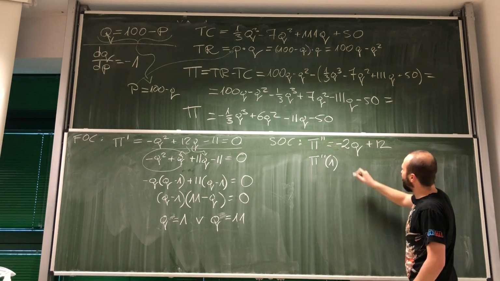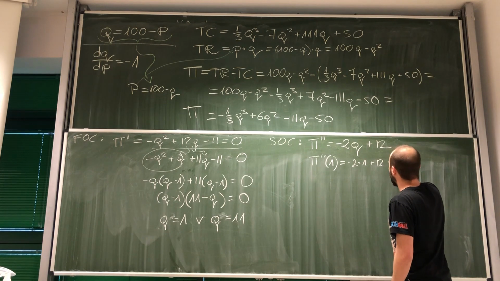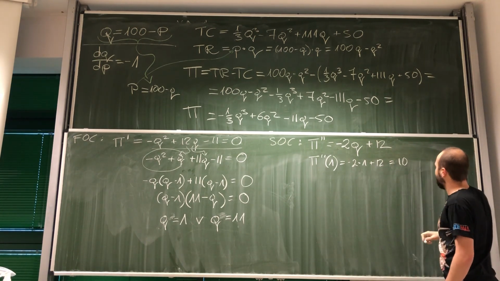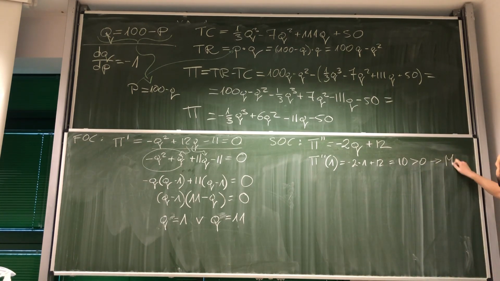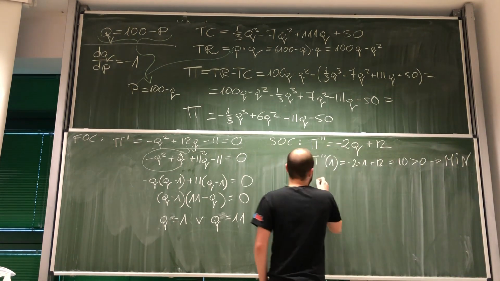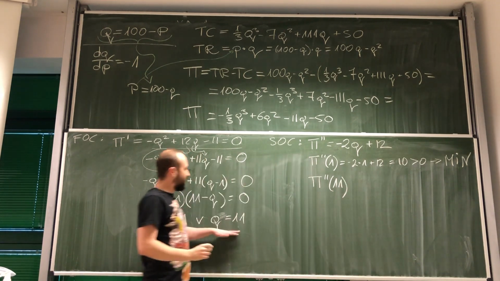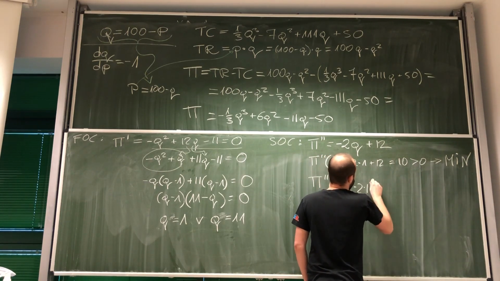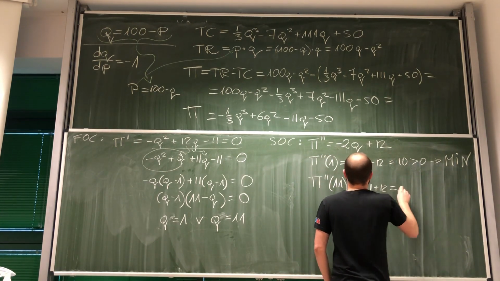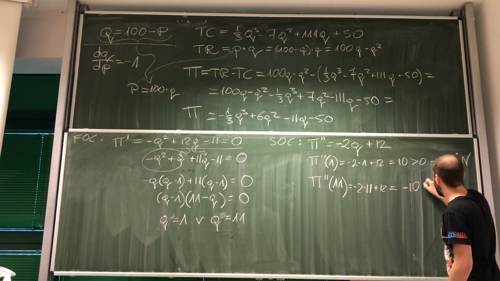Now, if q is equal to 1, then this is minus 2 times 1 plus 12, or simply 10. If the second derivative is positive, it means we have a minimum. Now I'm going to substitute 11, so our second solution, and I'm going to get that this is negative 2 times 11 plus 12, which is equal to negative 10.